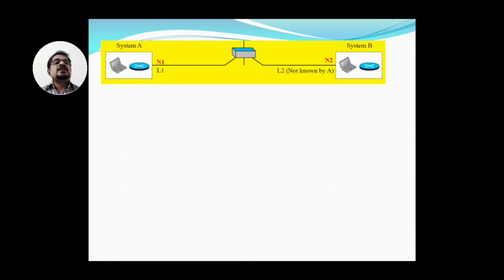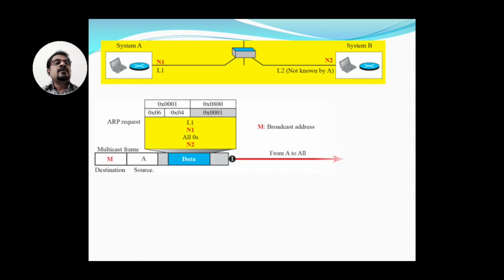Now let's see how the data flows in reality. System A with IP address N1 is connected to link L1, and it wants to reach system B, which has IP address N2 and link address L2.